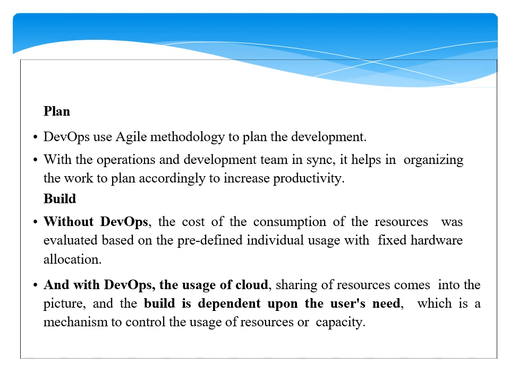Now we will start with planning. DevOps uses agile methodology to plan the development. With the operation and the development teams in sync, it helps in organizing the work and planning accordingly to increase the productivity. Next, we have build.